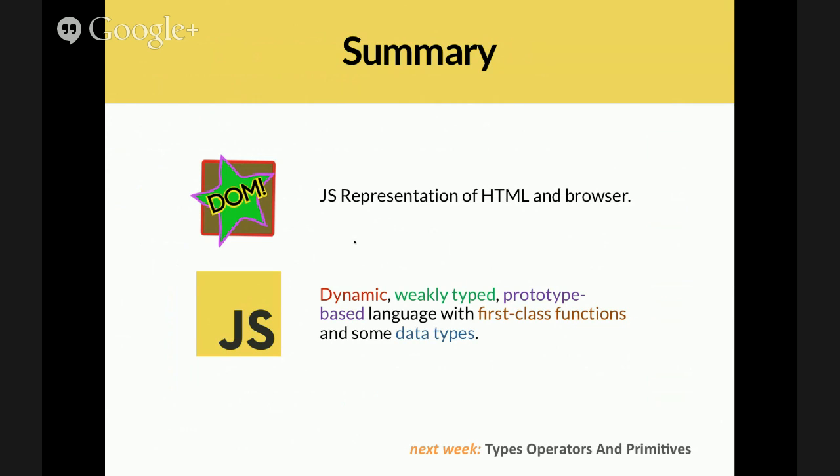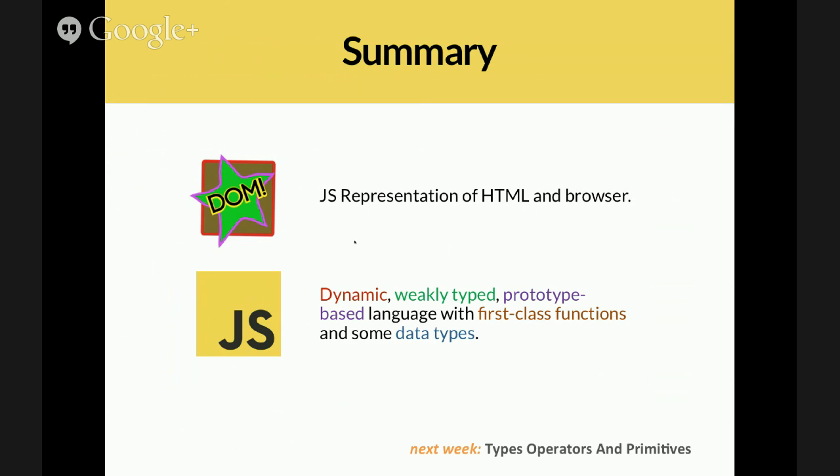So this is the first one. I hope people watching enjoy it. Mostly this was just a taste of what's to come, but I wanted to set the foundation for some things. In summary, the DOM is a JavaScript representation of HTML in the browser.